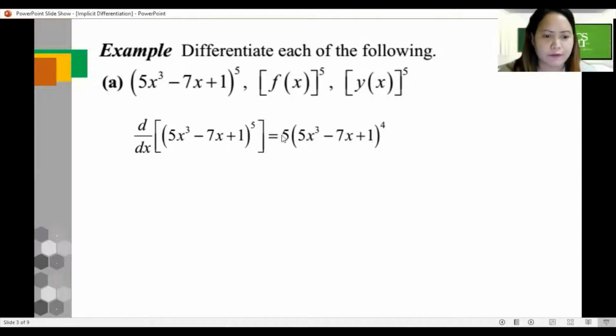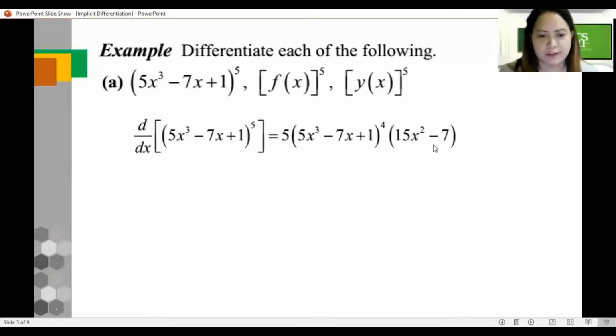Next, take the derivative of 5x cubed minus 7x plus 1, and it will give us 15x squared minus 7.